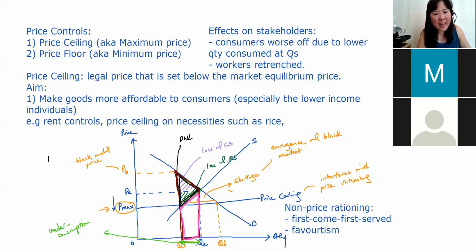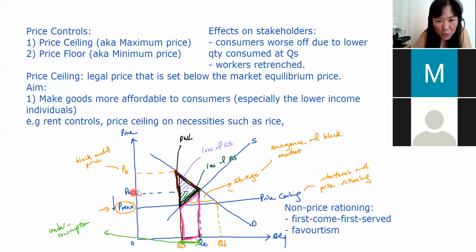So producers are worse off because they experience a fall in their total revenue. Where is the fall in total revenue? I can show it to you over here. The initial total revenue for the producer is PE multiplied by QE, which is this area here.